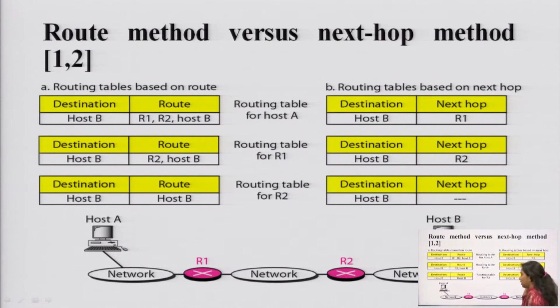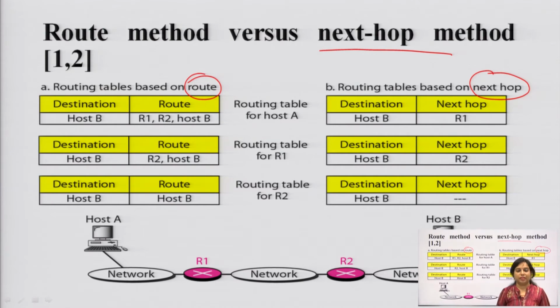Now, this is the routing table which I am talking about, the route method versus the next hop method. What is the difference between the route table, which is based on the route, and the other? This is the route table based on the routes, this is the route table based on the next hop. Hop means basically the jump. Let us say there are two intermediate nodes between the transmitter and receiver, like the example shown here.